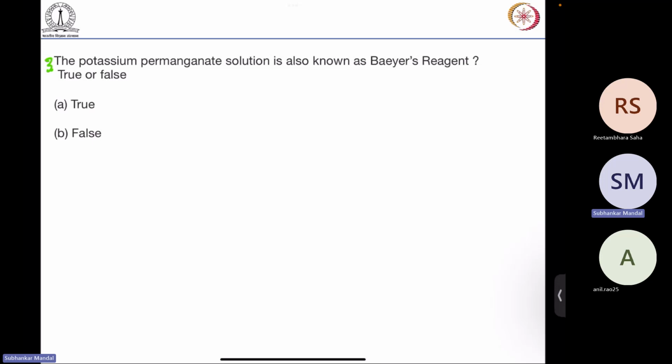As a result, more than the required amount of Karl Fischer reagent will be consumed, so that value will be erroneous.